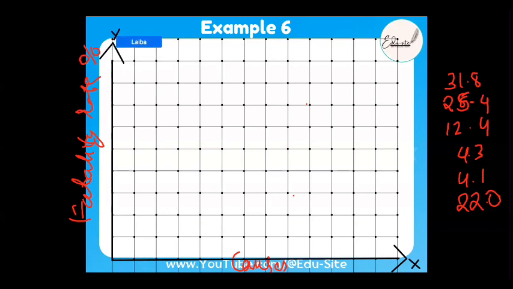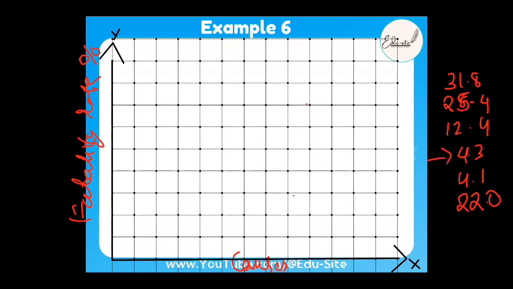Very good. So what will you represent on the y-axis? What are the numbers that will be represented on the y-axis? You have 31.8 as the highest number and 4 as the lowest number. Which will you start with, beta? We'll start at 20. But we have a 4.3.